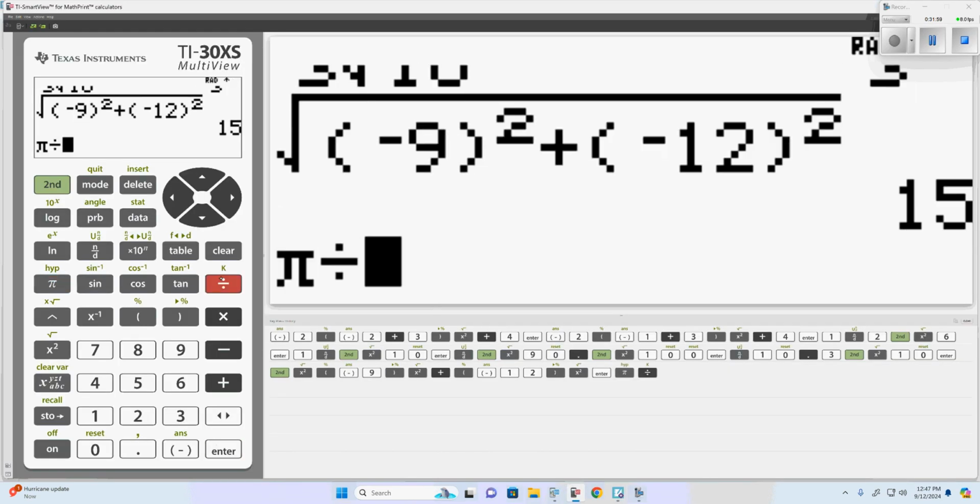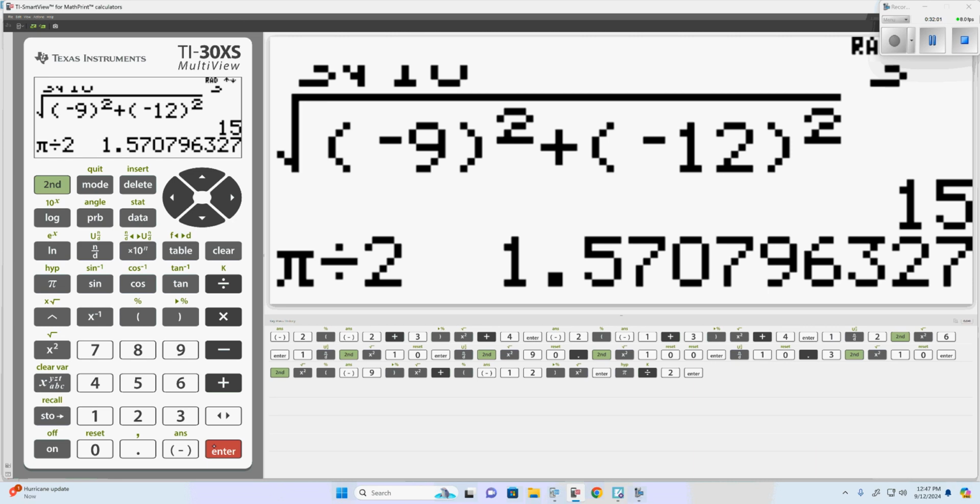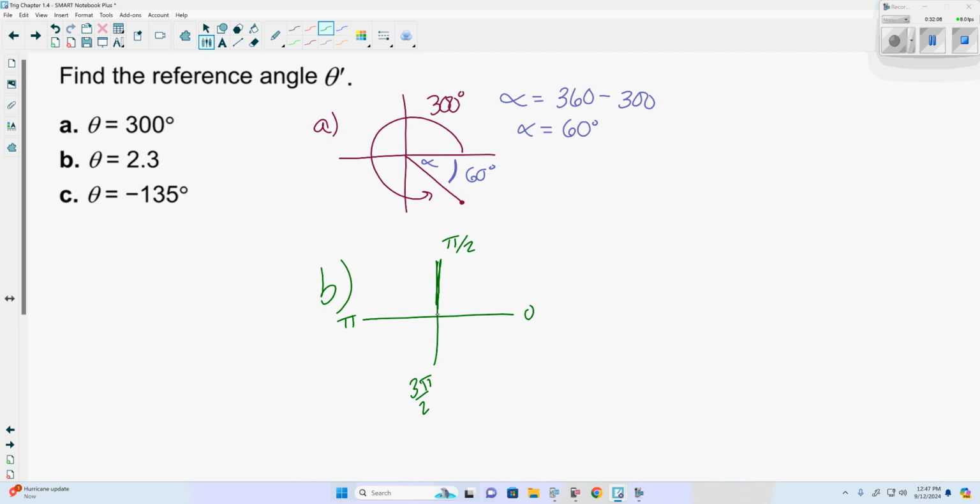We can take the calculator and tell it to divide pi by 2, 1.57. So our 2.3 radians is going to be somewhere between pi over 2 and pi. Which means to find this reference angle here, we're having to take pi and remove 2.3 from it to find this other angle.